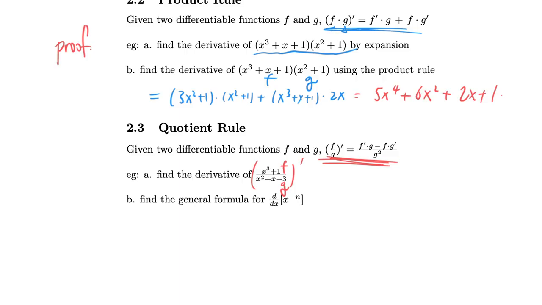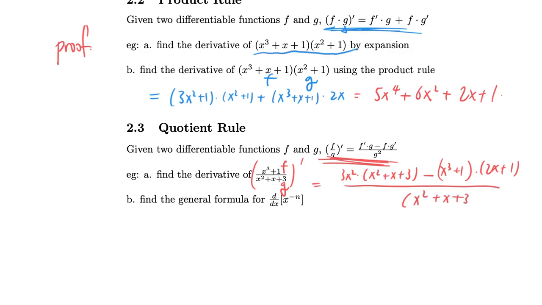Then we can just take (f over g) prime, and that's going to be f prime, which is 3x squared, times g, minus f times g prime over the whole denominator squared. Then you can just simplify this to obtain the final result. So that is the quotient rule.